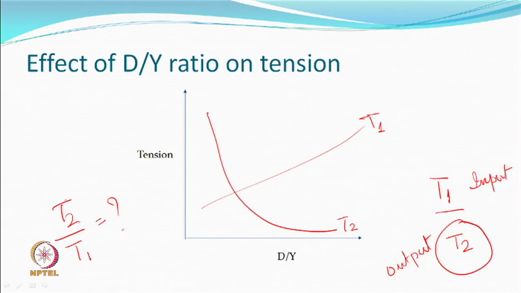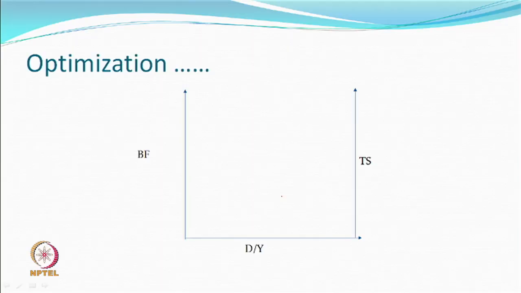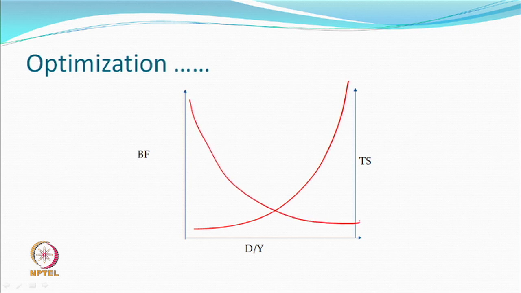This will be an interesting zone where the tension levels are equal, and so an optimization could be thought of. So, what we have is, if you look at the Ts, increases like this, the broken filament decreases like this. So, ideally maybe we work here at this d by y ratio, but how do we know, you know.